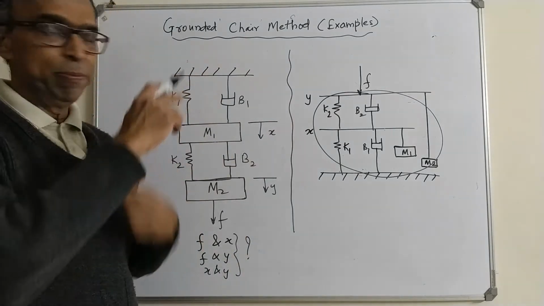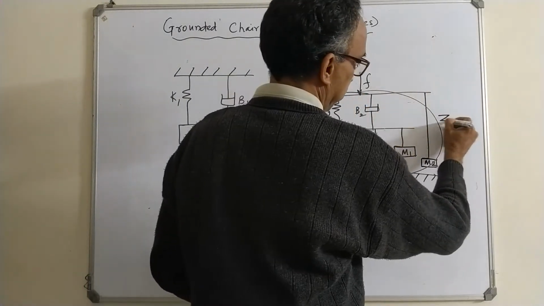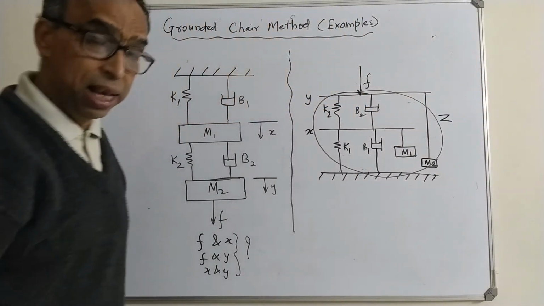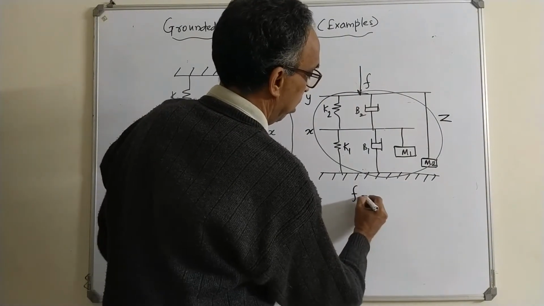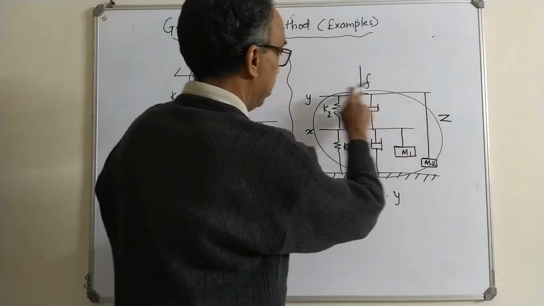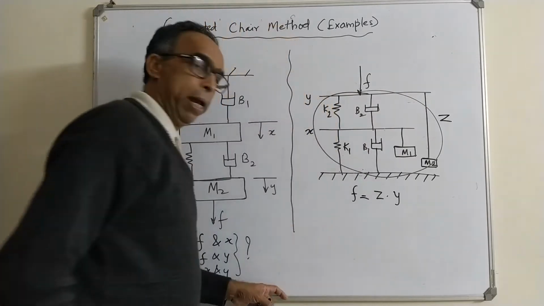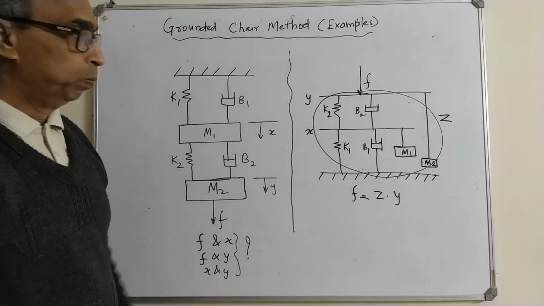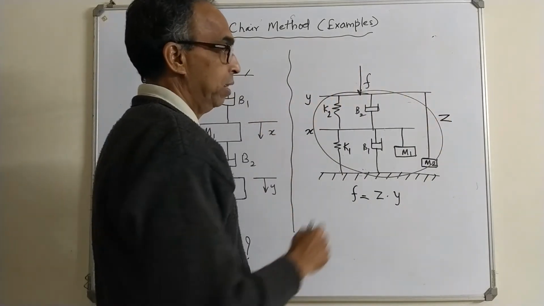Draw a thin circle and call the equivalent mechanical impedance of this system Z. The final equation is F equals the overall equivalent impedance times the coordinate corresponding to that overall impedance, which is Y.